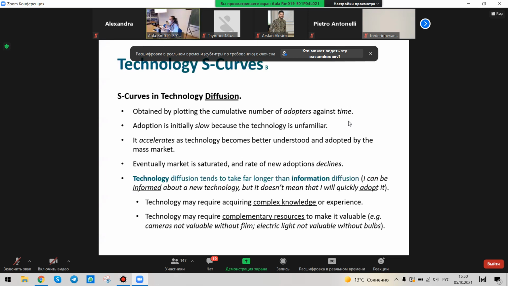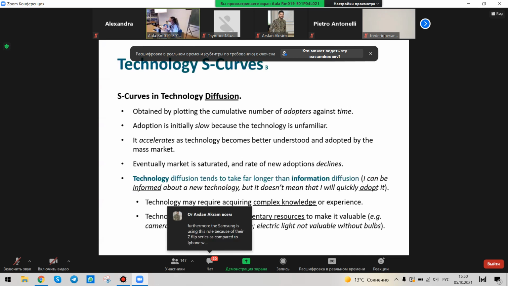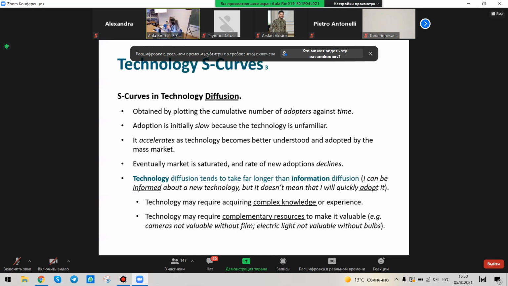Also here we have the S. So we have the adoption that is very, very slow at the beginning. Then we have an acceleration in the rate of adoption within a market. And then we have the so-called saturation of the market. This means that the rate of adoption declines. So we will see it.